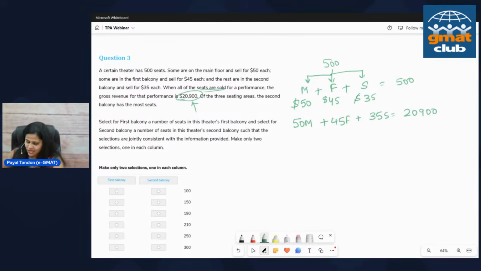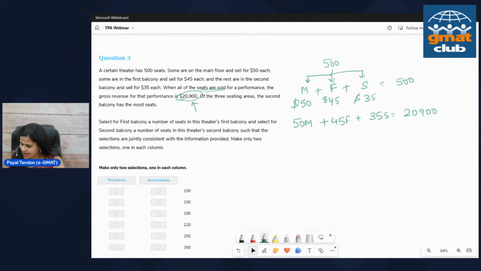Now, what is asked? Select for the first balcony the number of seats, and select for the second balcony the number of seats. And we also know that the second balcony has the highest number of seats. So that's what we have to find, which means that we need to solve for f and s.